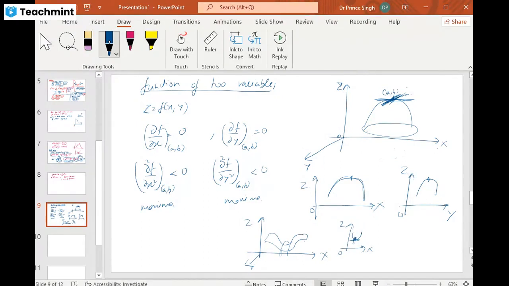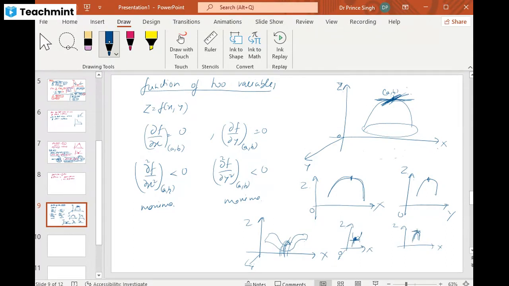But if I take its projection in this way, if you just look at this particular part, then this is a condition of maximum. This is the y-axis, this is the z-axis. Then at this particular point, its nature is like this on this particular side, right? Its nature is like this. So it is increasing at that point.